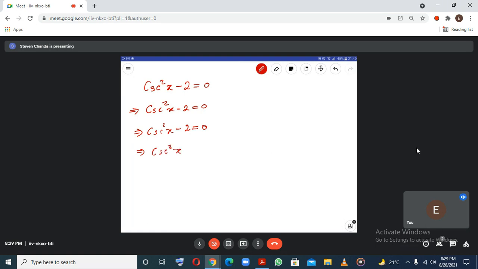Okay. So cosec squared x is going to be 2. Then that and that is going to be cosec x. Now here is where many people miss it, because they're only going to think of it as having one answer, but in the actual sense, there is plus or minus root 2.